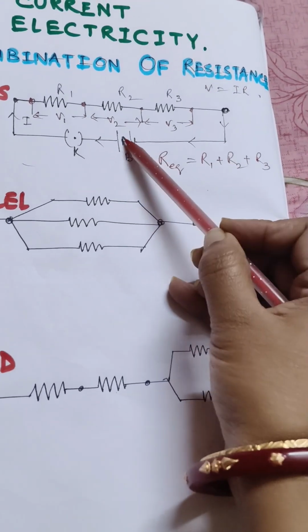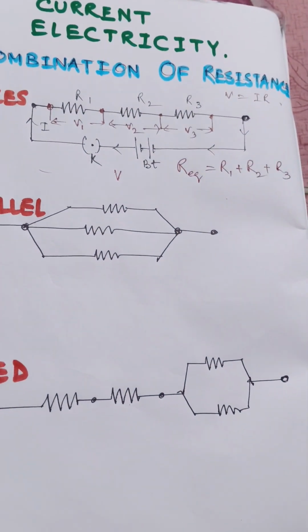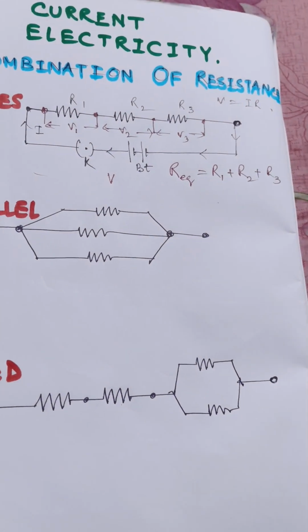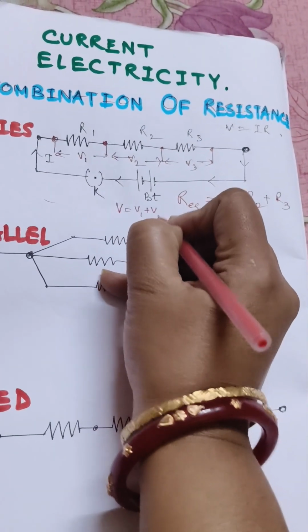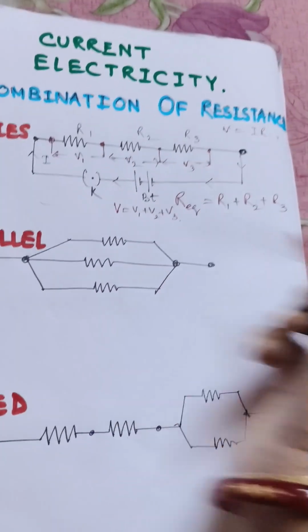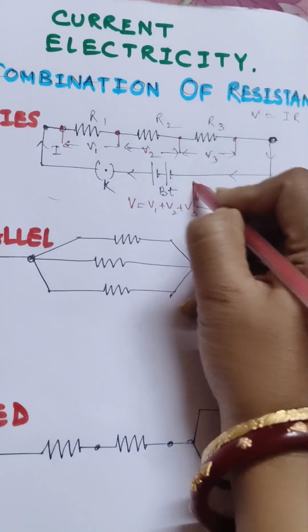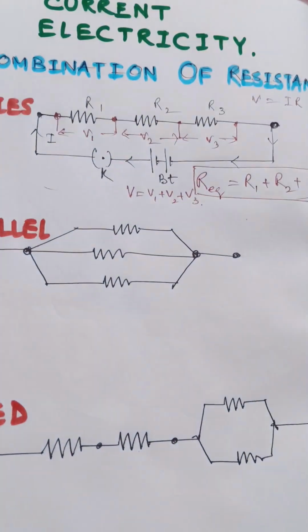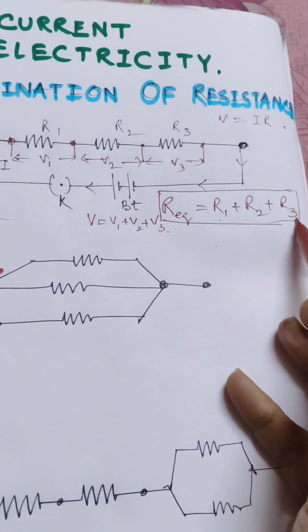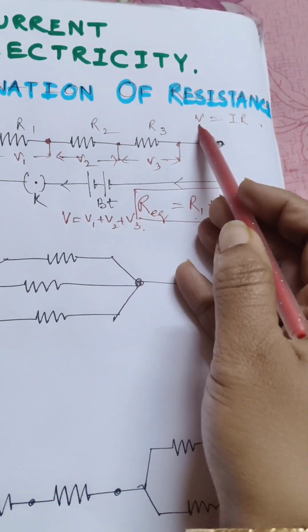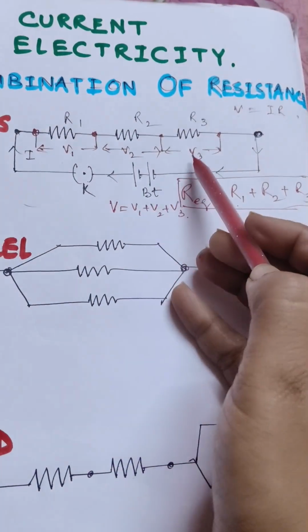So this cell, which provides a potential difference V, gives V equal to V1 plus V2 plus V3. So we have a series combination of resistances where the equivalent resistance is R1 plus R2 plus R3, and from Ohm's law V is equal to IR, we have V1, V2, V3.